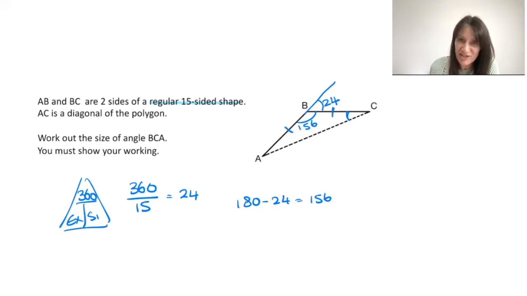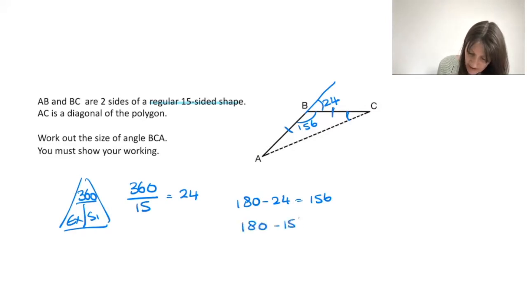So I'm looking at an isosceles triangle, but actually all I need to do now is do 180, take away the 156, which brings me back to 24. But this time that needs to be shared because I've got obviously the two angles of the isosceles. So this here and this here, that's got to be shared between. So the angle that I want is 12 degrees.